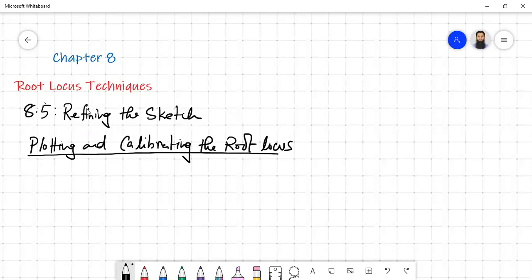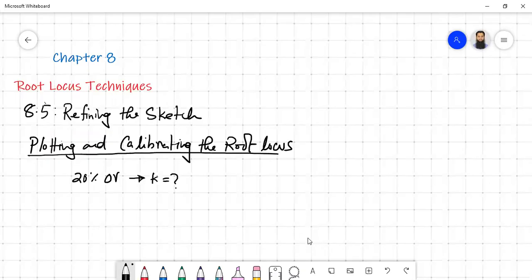Whenever we are plotting, some additional condition may be provided. Say somebody says you have to figure out the pole location for which you have 20% overshoot, and the corresponding gain K. So plotting the root locus is not enough now.